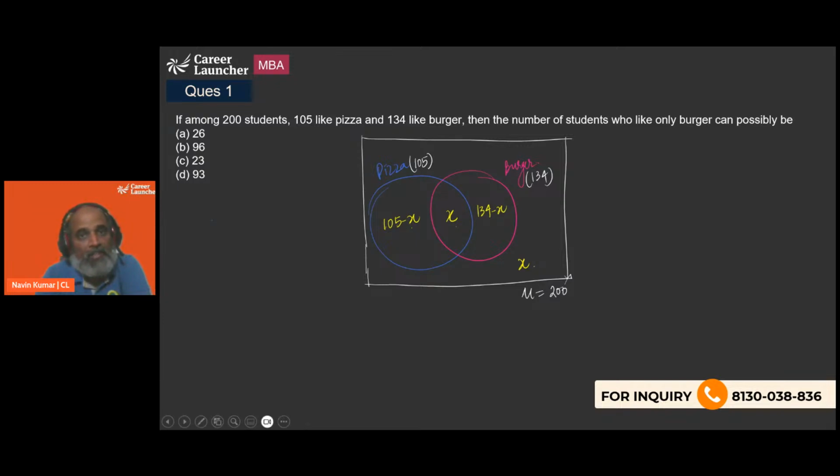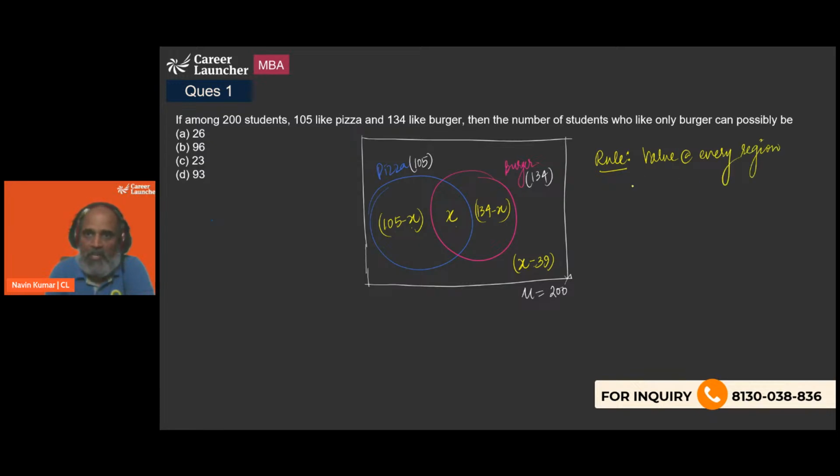Out of those 239, we need only 200. So we need to get rid of 39. So let's subtract 39. Now, the unsaid rule about set theory is that the value at every region in a Venn diagram or in a set theory question has to be a whole number.